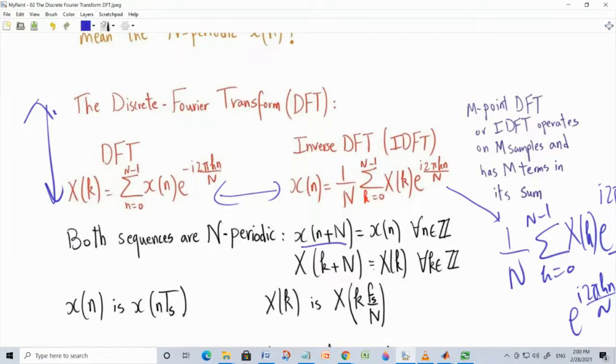Both sequences are periodic. If you compute small x of n and big X of k at values outside the range from 0 to big N minus 1, you will get a periodic signal. So what is small x of big N? It is small x of 0.